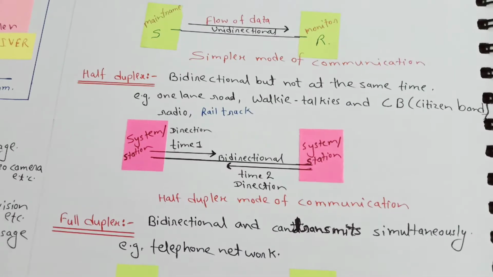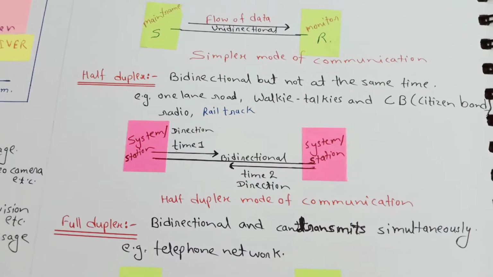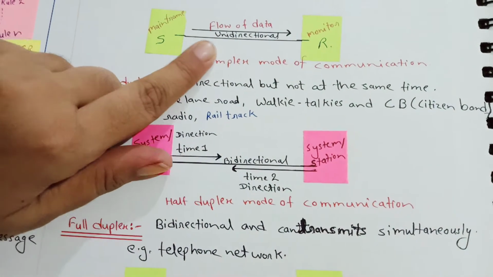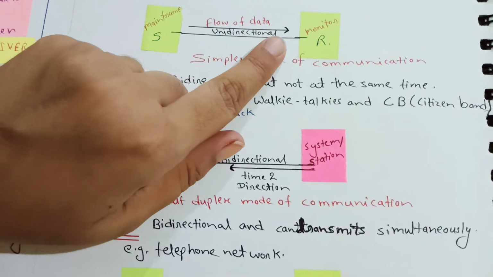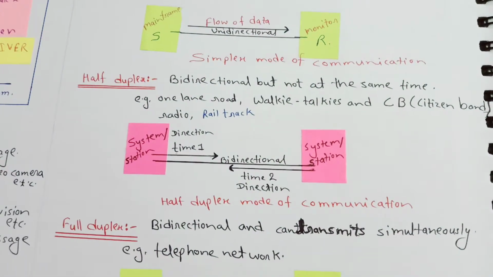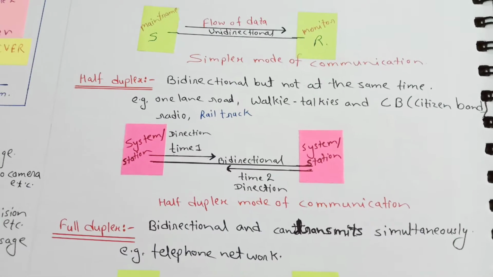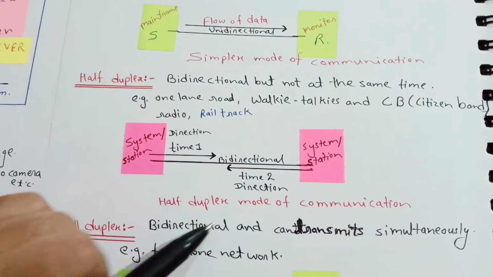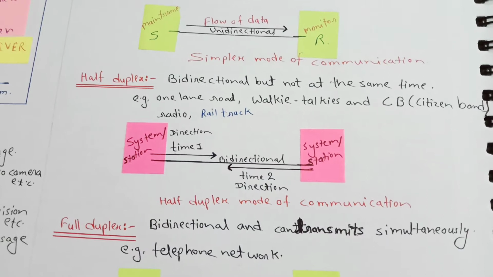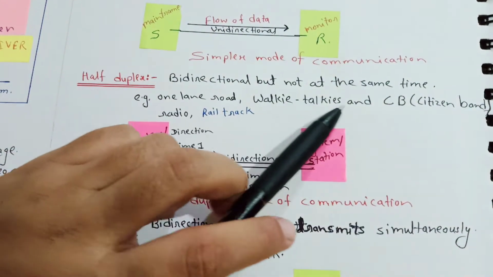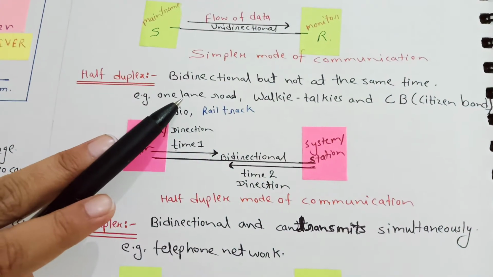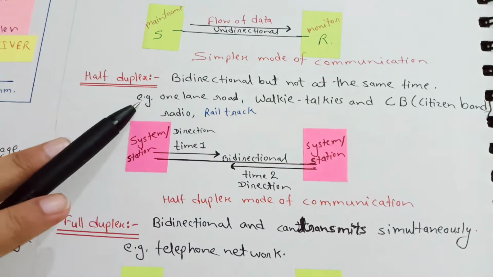In simplex we can see that the flow of data is in one direction, but in half duplex the flow of data is in both directions but not at the same time. Bidirectional but not at the same time. One lane road is an example.